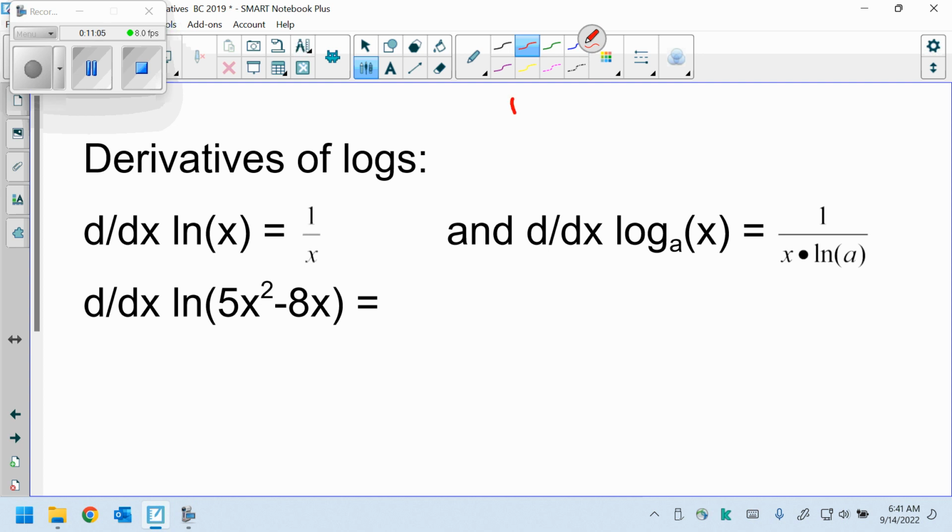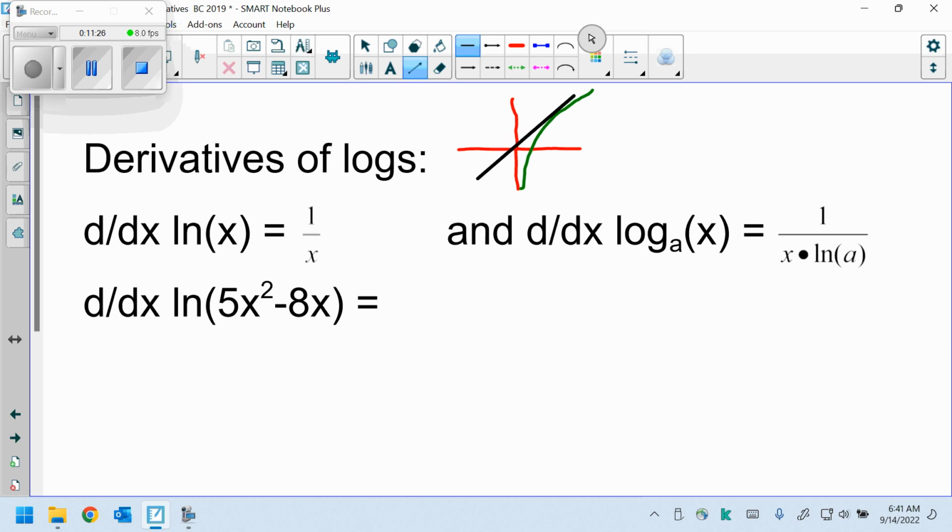If we take a look at what the natural log looks like, and we want the slope of the tangent at some point, like right here, all you've got to do is take 1 and divide it by that x value. Whatever that x value is right there, 1 over x is your derivative.